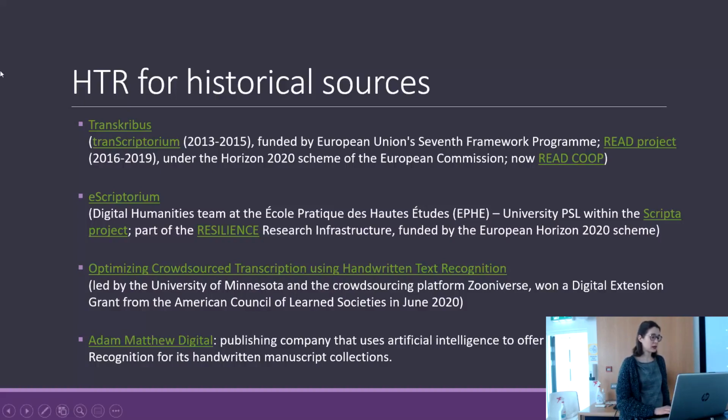But these are the HTR projects for historical sources that I know. The first one is Transkribus, the one we are using today, and it started in 2013 as Transcriptorium, funded by the European Union 7th Framework Program. I believe this first project was at the University of Valencia, together with other universities, a consortium of universities. Then they changed the name a bit, READ project, and they received another grant from the European Commission.